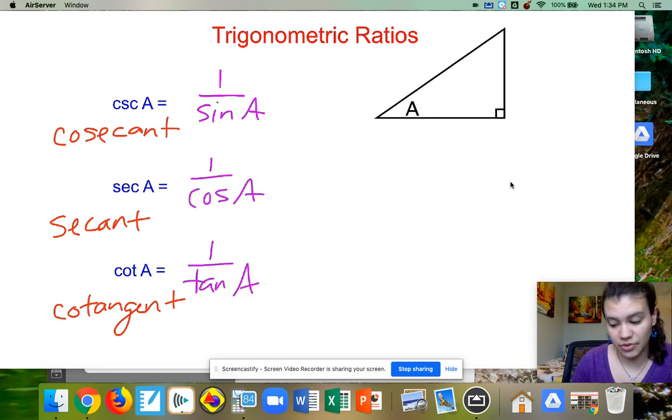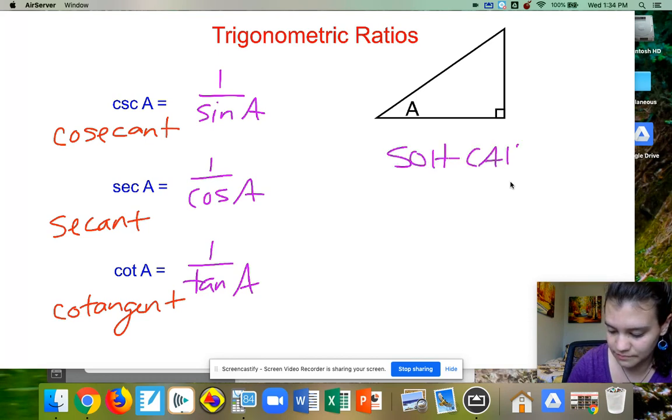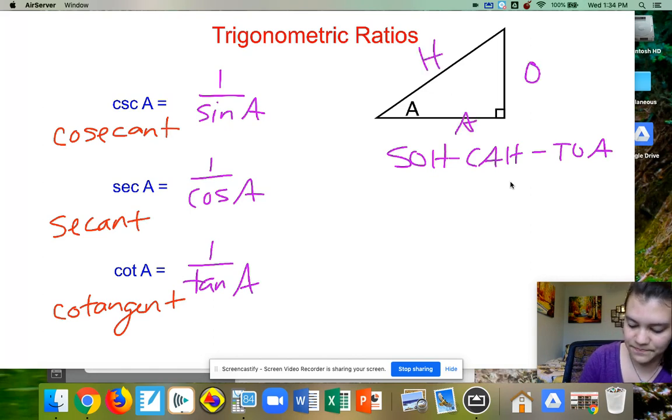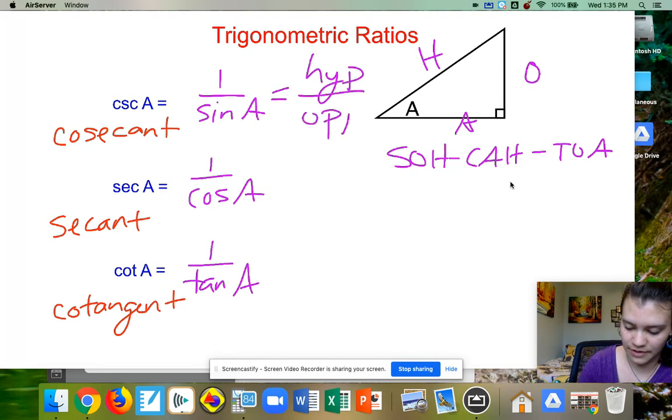You can still use SOHCAHTOA here for your standard abbreviation. This is still our opposite side, the adjacent side, and the hypotenuse. So cosecant, instead of being opposite over hypotenuse like sine, is going to be hypotenuse over the opposite. They're just reciprocals of each other.